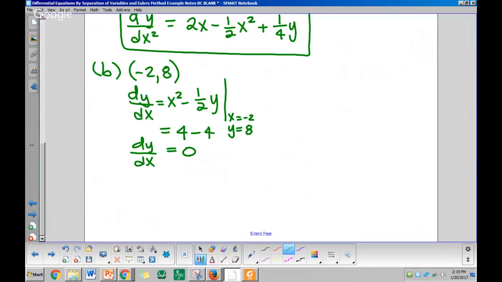And if you find the concavity at a critical point, does it tell you whether it's a max or a min? So d squared y dx squared equals 2x minus 1/2 x squared plus 1/4 y, such that x equals -2, y equals 8.